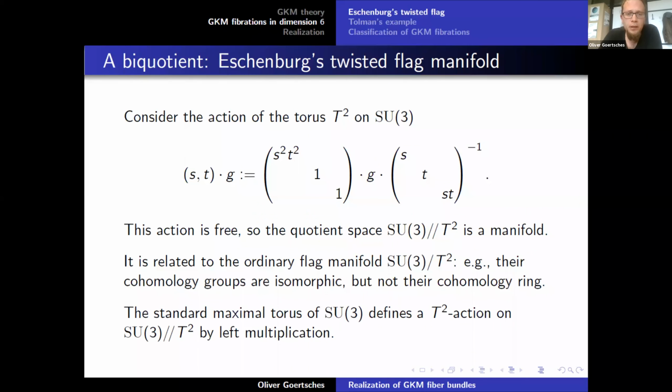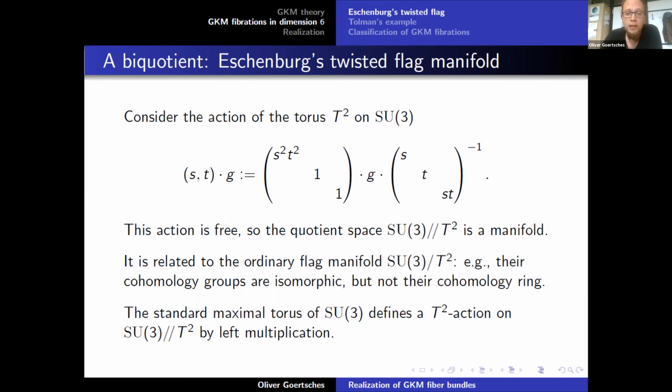One thing is that this space also has some symmetry. We have a maximal torus of SU3, and it still acts on this Eschenburg flag, for instance, just by left multiplication. The action by left multiplication commutes with this action here, because everything is just diagonal matrices.